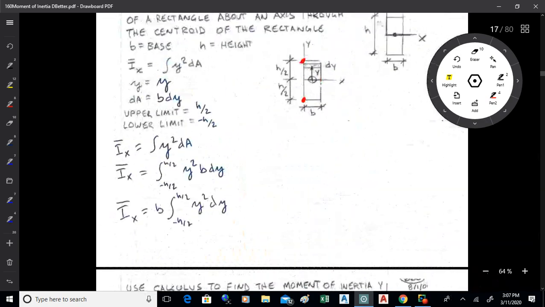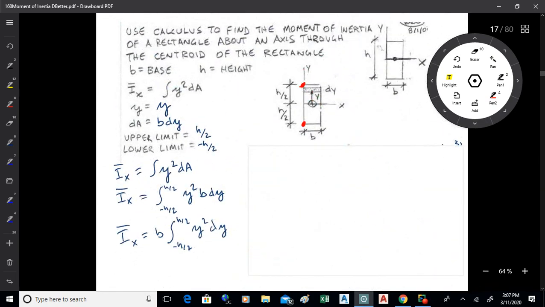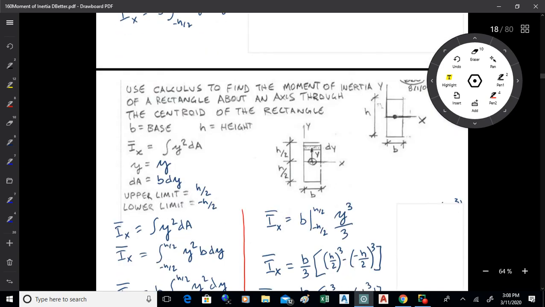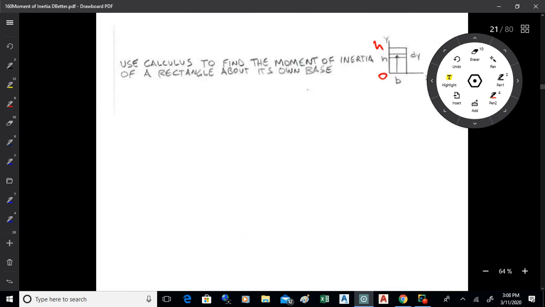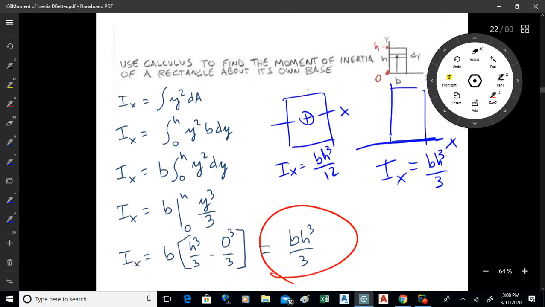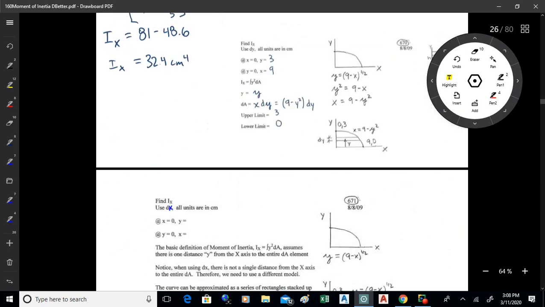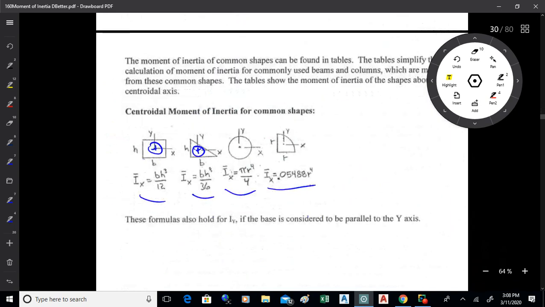All right, now the basic definition there for a moment of inertia about the x-axis is y squared, which would be the distance, times the area to which the distance measures from the axis. Then you add that up with an integral. So it's the integral of y squared dA. So that's the basic calculus definition. Now, quite often we don't deal so much in industry with calculus type stuff.